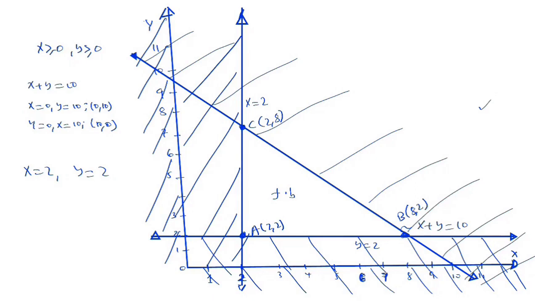Okay, so now we have the feasible region and the corner points that give us the possible solutions. To find out which is the best solution, let us summarize this in a table. Okay, so we sketch our table.